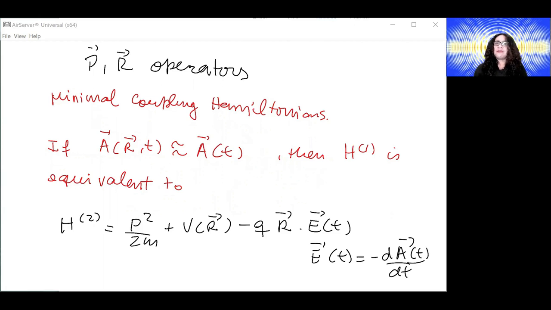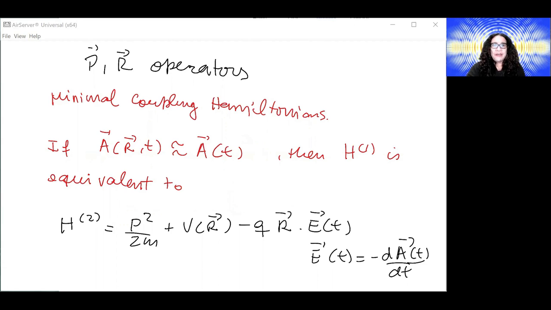This is a big assumption. It is an assumption that we make when we have, for instance, long wavelengths, that the vector potential does not depend on the coordinate of the system.